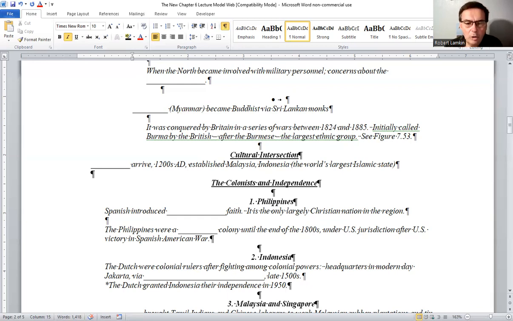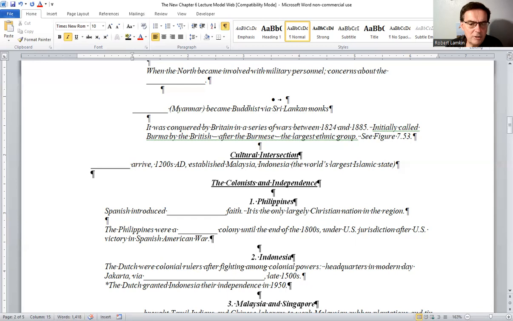Indonesia is the world's largest Islamic state. A lot of people don't think of it that way. They think of those states to be up in North Africa and the Middle East, but the largest Islamic state in terms of land area is Indonesia. And you can see that at the bottom of your inset map there on page 275.